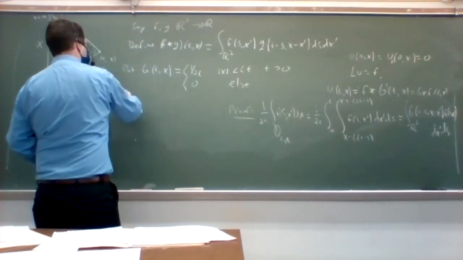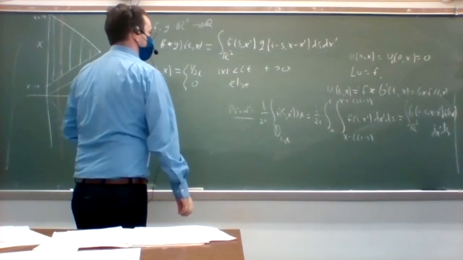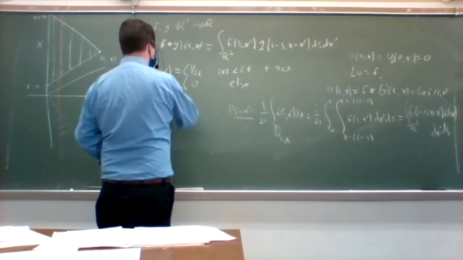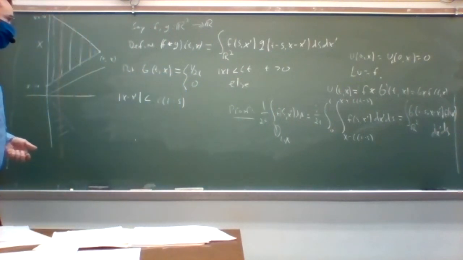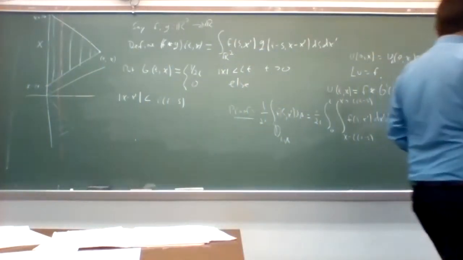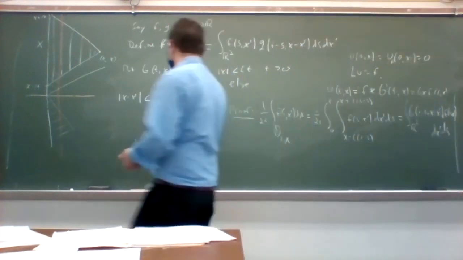It gives us |x minus x'| has to be less than c times (t minus s). And here s goes from 0 to t, so that's good. So this inequality makes sense.